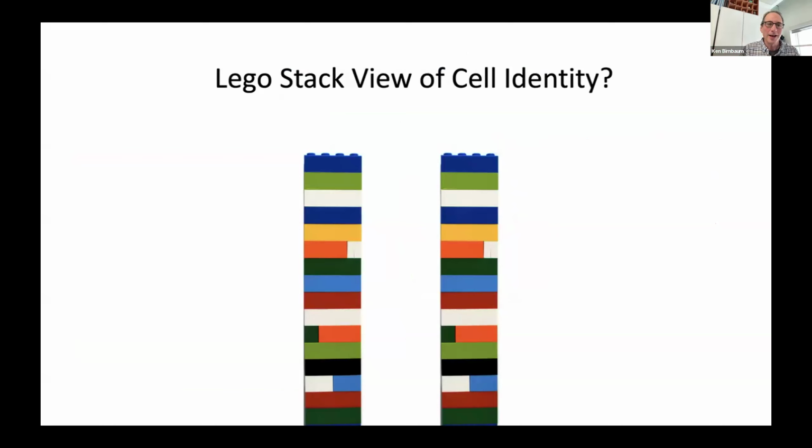And so my analogy here is the Lego view of cell identity. And I think this was actually the Lego view in one of my first presentations when we started all the cell sorting stuff. You can start with identical cells, as these are supposed to be, and then you can slowly change them, right? A cell doesn't have a single identity in a sense, or a single functional genetic module. And so over time, that may happen, right?